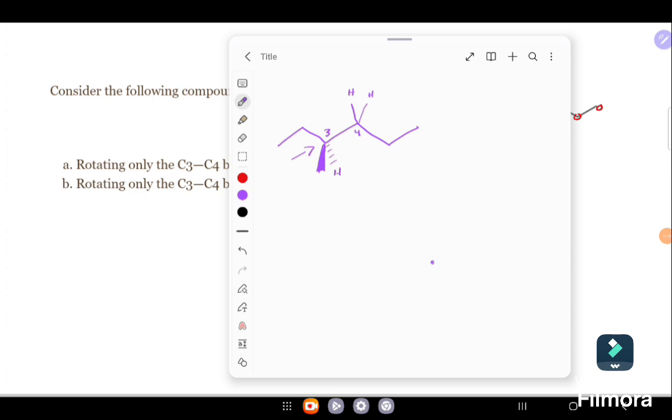And we know we're going to draw a staggered projection. Carbon 3 has an ethyl group, CH2CH3. So that is this structure here. That's an ethyl group, CH2CH3.